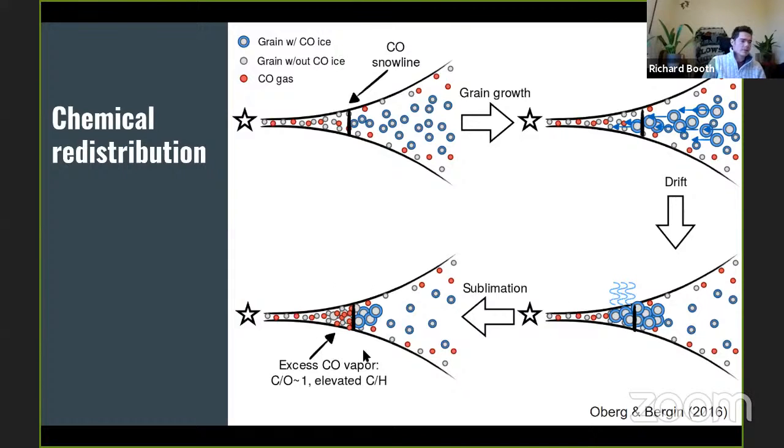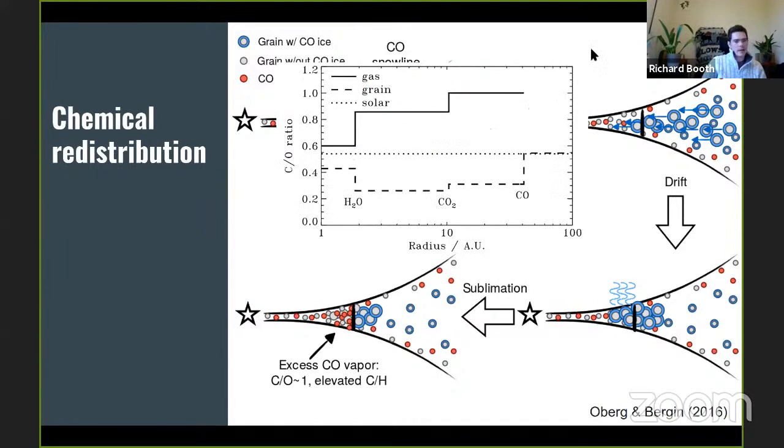Right? So you get this region inside the CO snow line of an excess of CO vapor, high C/O ratio, high C/H ratio. So high metallicity gas with a high C/O ratio that was not present in the disk initially. So here you could have high C/O ratio, but you would have a low C/H ratio.